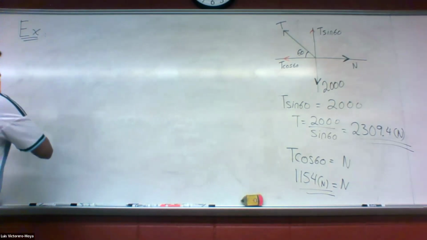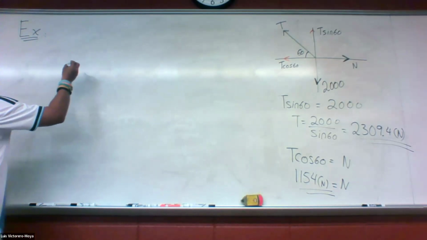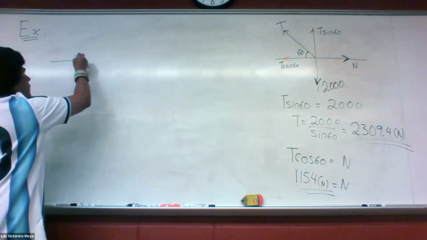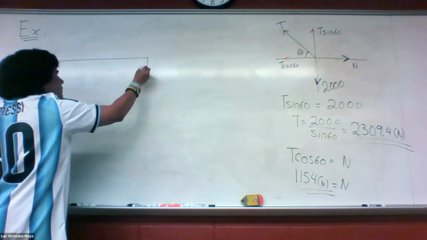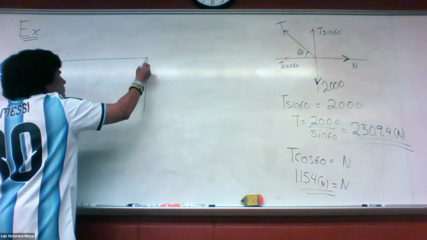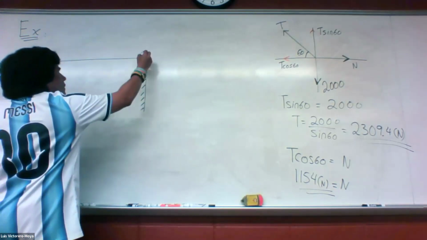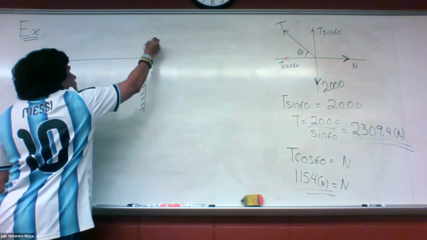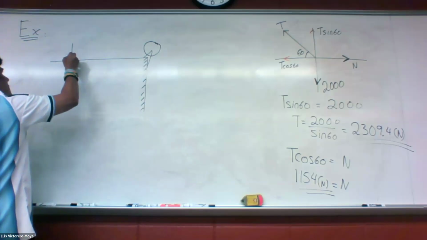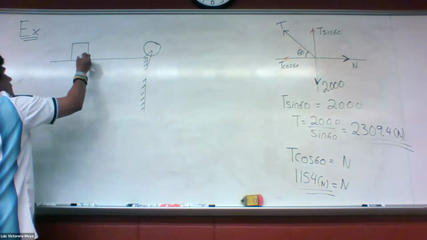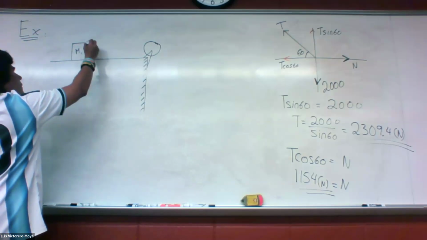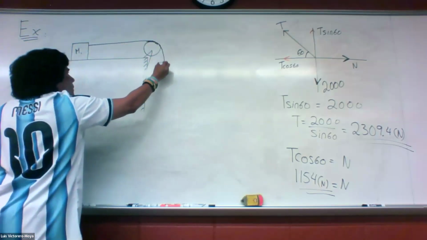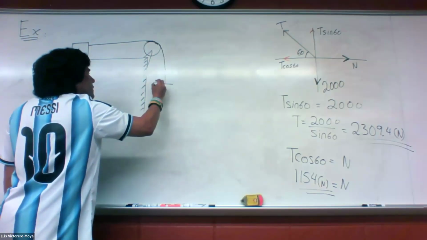So let's do the situation I showed you before: a horizontal table, a wall or a vertical, a pulley, and then you have one mass, M1, with a rope, and then you have another mass.